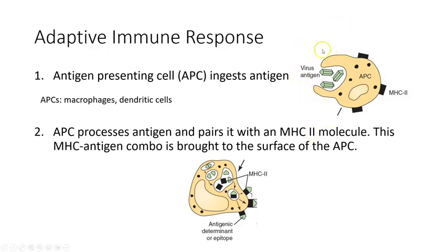Antigen-presenting cells are able to ingest the antigen and process it into smaller pieces. Antigen-presenting cells also have MHC2 molecules on their surface. During the processing, antigen-presenting cells will connect an MHC2 molecule to the antigen that they've processed and bring that up to the surface.